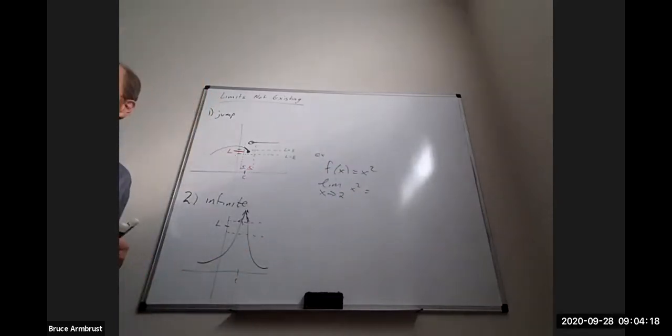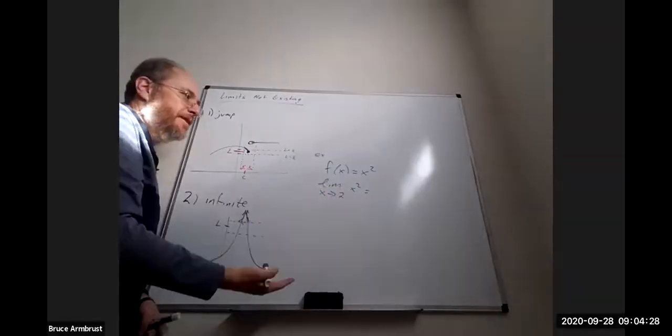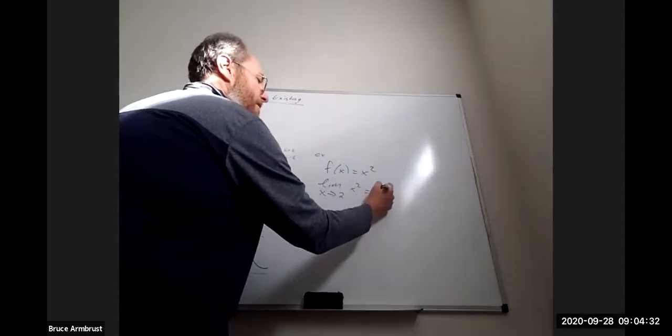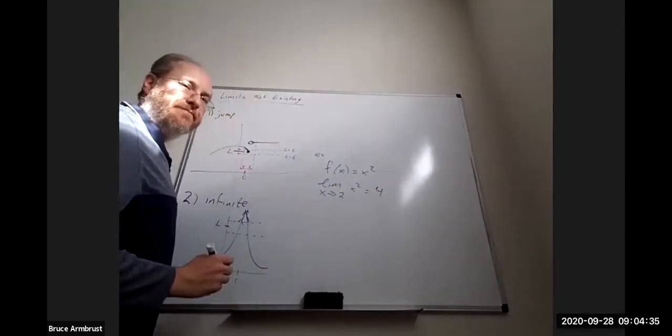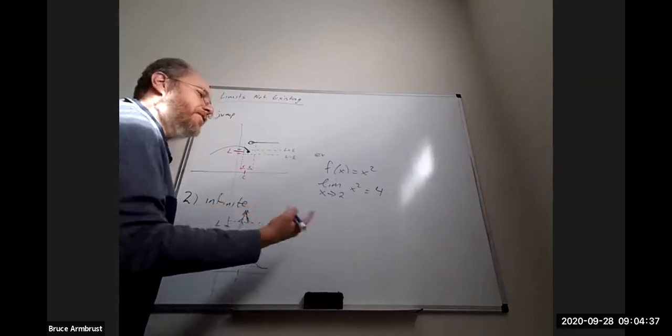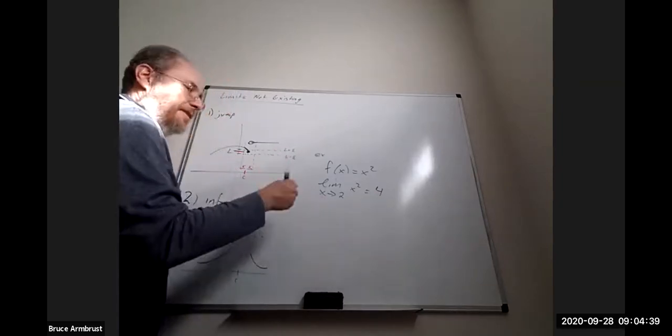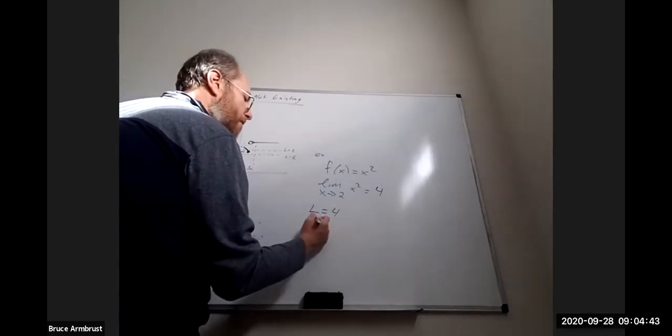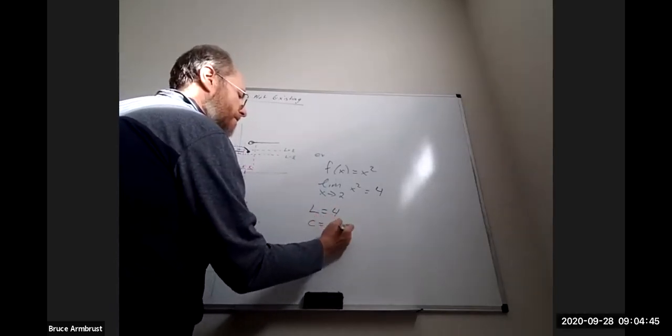What's the limit as we approach 2 of x squared? 4. All right, good. We just plug it in when all else fails. 2 squared is 4, so this should be equal to 4. So in terms of all the different letters, L is 4, C is 2.